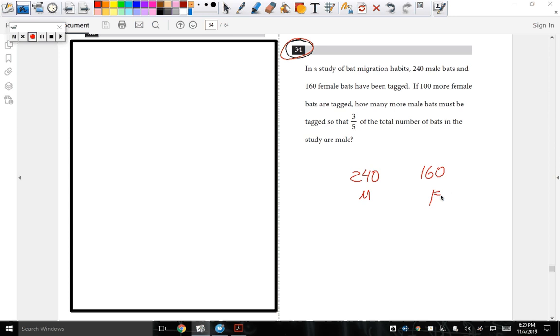If 100 more female bats are tagged, how many more male bats must be tagged so that 3/5 of the total number of bats in the study are male? So we want 3/5 of the total to equal male.